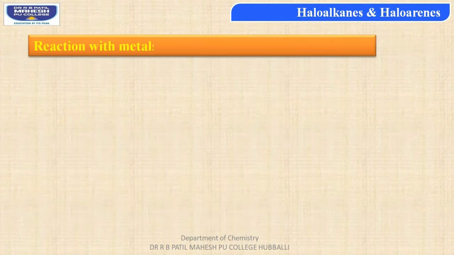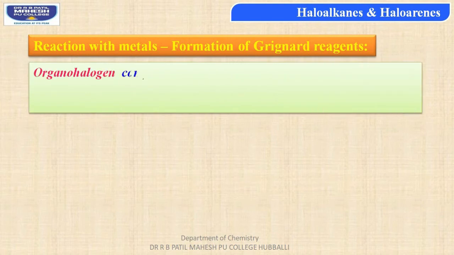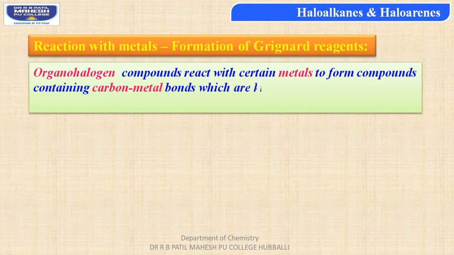Now students, let us consider reaction with metals, that is formation of Grignard reagent. In this case, students, organohalogen compounds react with certain metals to form compounds which contain carbon and metallic bond. Thus, they are called organometallic compounds.